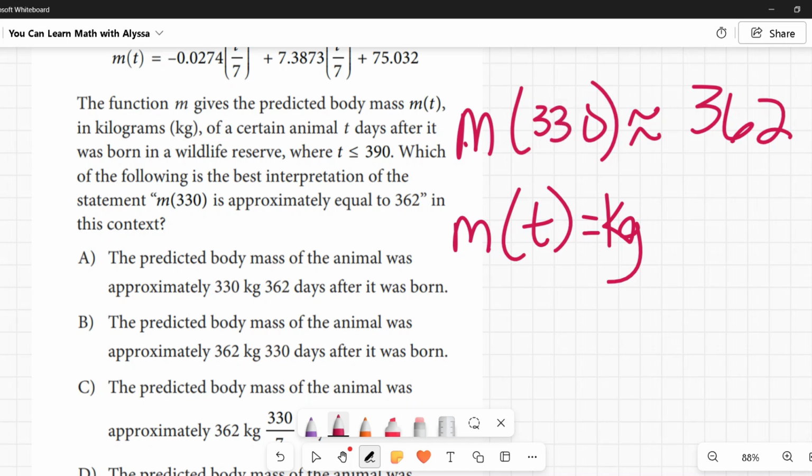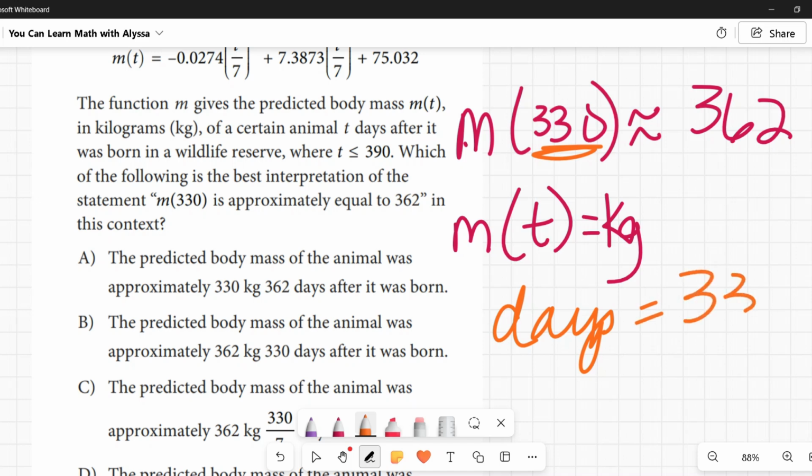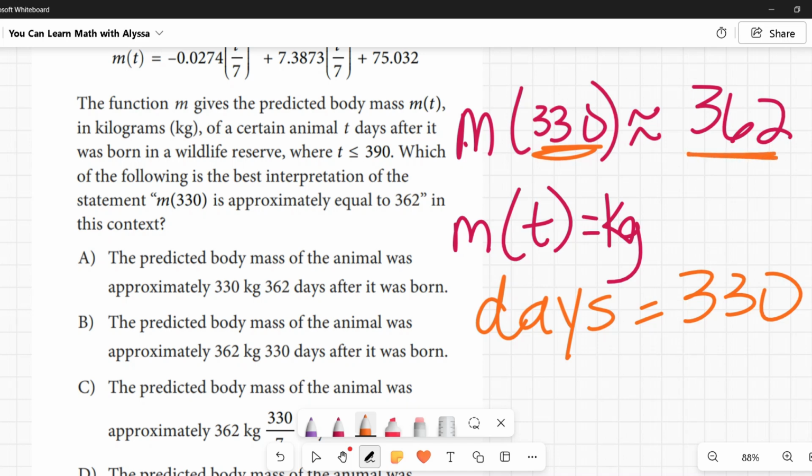It means that when the number of days is 330, then the result of that math, the mass of the animal, is 362 kilograms.